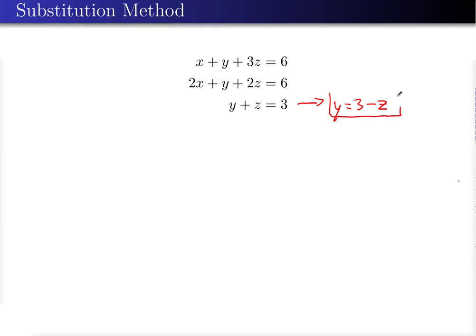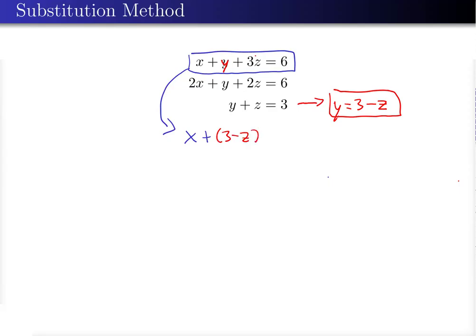Now I have an equation that I can plug in and make everything look a little bit better. So for instance, if I start off with this top equation, everywhere I had a y, I'm going to dump in a 3 minus z. So what would that leave me with? I'd still have an x, and I'd have a plus y, which I'm going to replace with the 3 minus z.